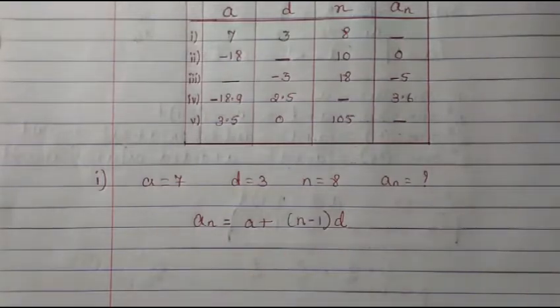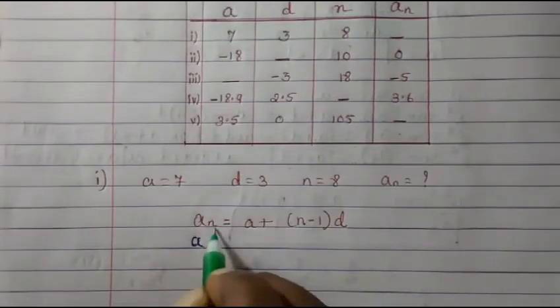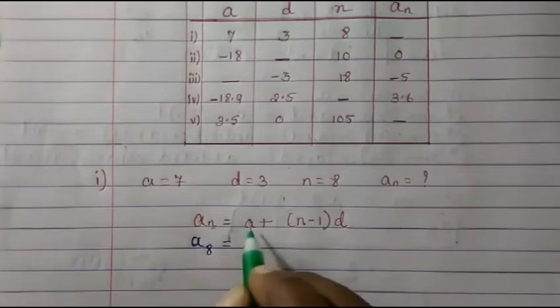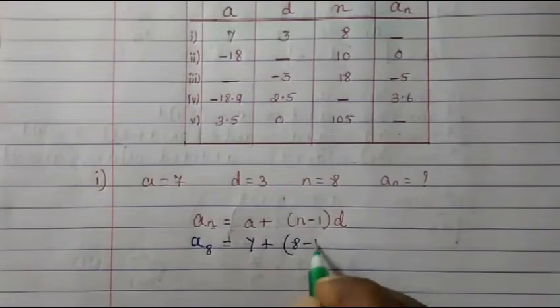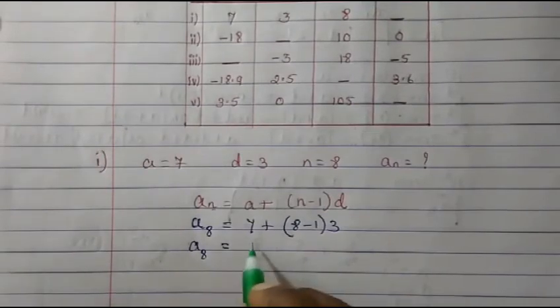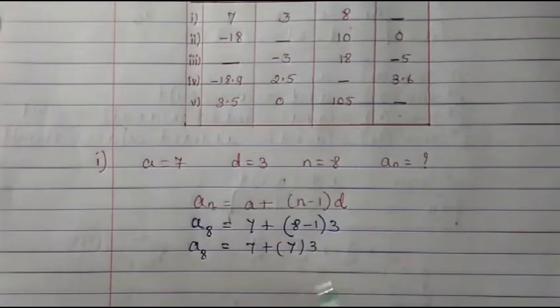Now AN we don't know, we have to find out. N is 8, so we have to find out what the 8th term would be. A is 7, plus N minus 1 is 8 minus 1, and D is 3. So 8 minus 1 will give us 7, and this is in multiplication.